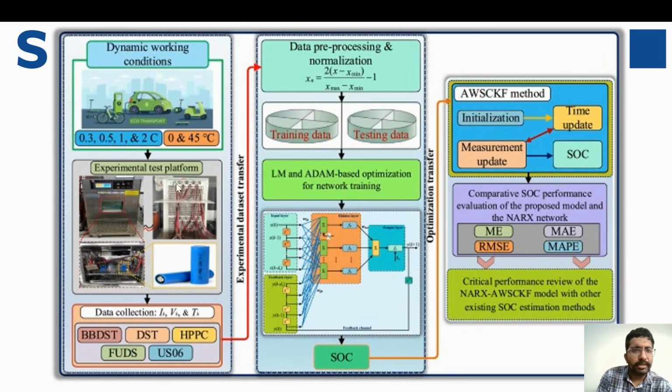Here this diagram shows the dynamic working conditions of the EVs: temperature, charging C rate. Experimental validation and HIL testing can be done, and data can be collected at this point. Then experimental data can be fed through the model.